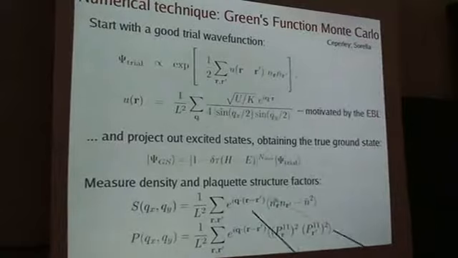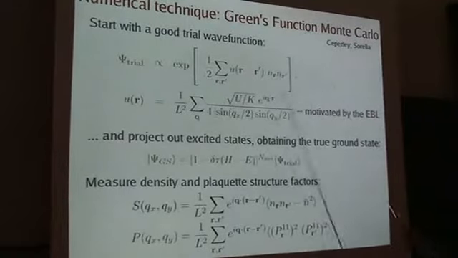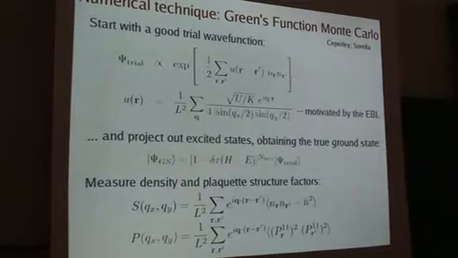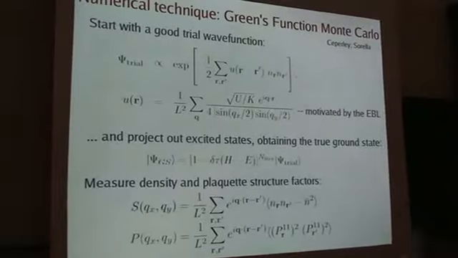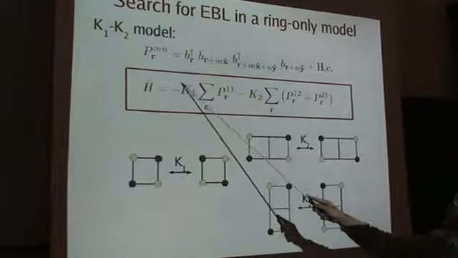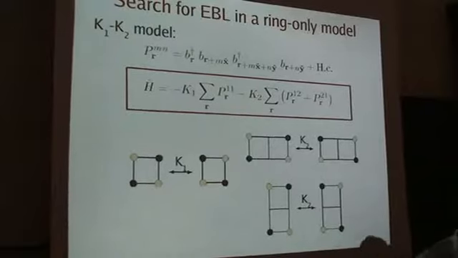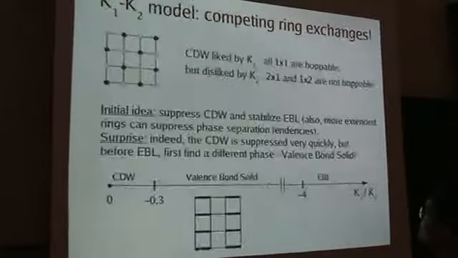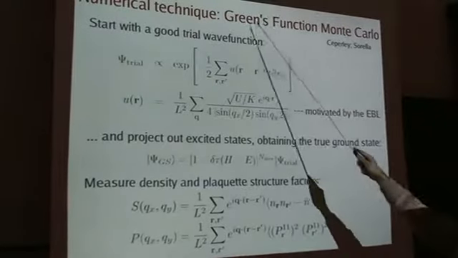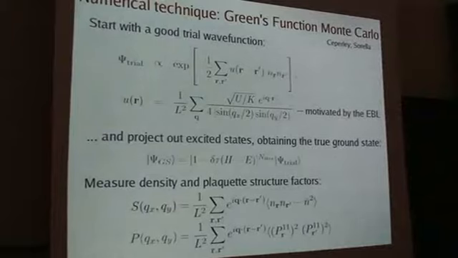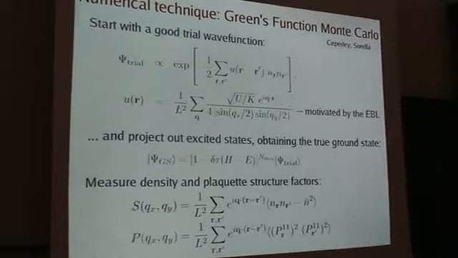Now the numerical technique which we use is a version of quantum Monte Carlo. This model which we studied, for positive K1 and K2, doesn't have a sign problem, so it can be studied by quantum Monte Carlo, and we used Green's function Monte Carlo, which is a version of a projective Monte Carlo technique.